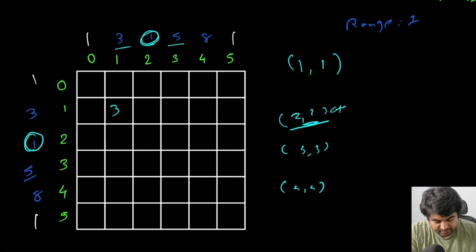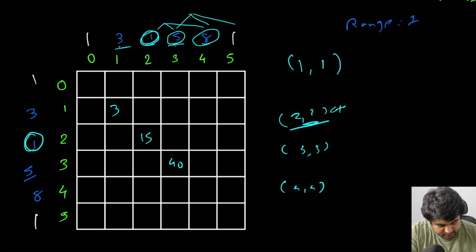So this is going to be 3 multiplied by 1 multiplied by 5, which is 15, so we mark 15. In the same way for value number 5, once again there are no other neighbors in the range, so 1 multiplied by 5 multiplied by 8, that is going to be 40. And the same way for value number 8, once again 5 multiplied by 8 multiplied by 1, that is going to be 40.